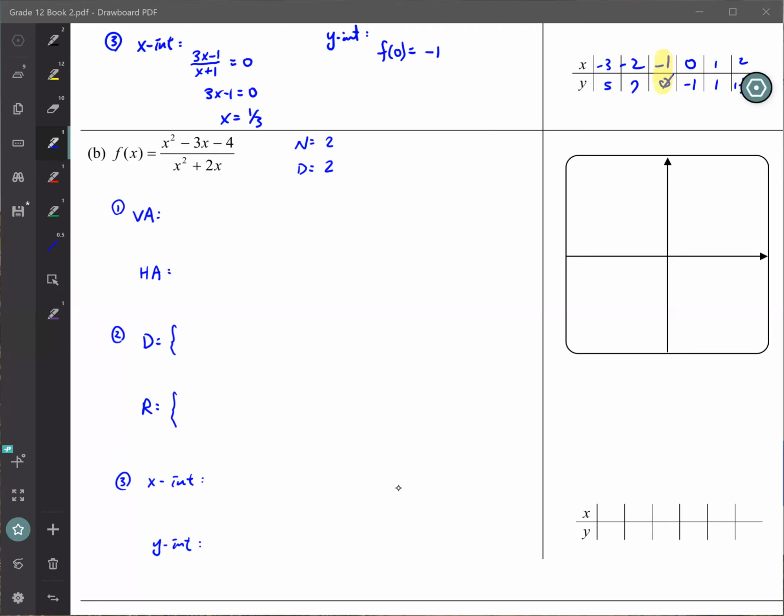For me, I use the rule, it's faster. But the subbing in is to help you understand why we have that rule. On the test and the homework, it will be faster, you just use the rule.